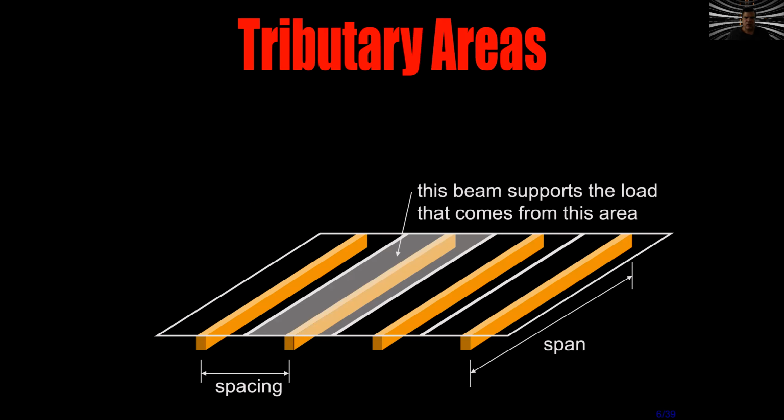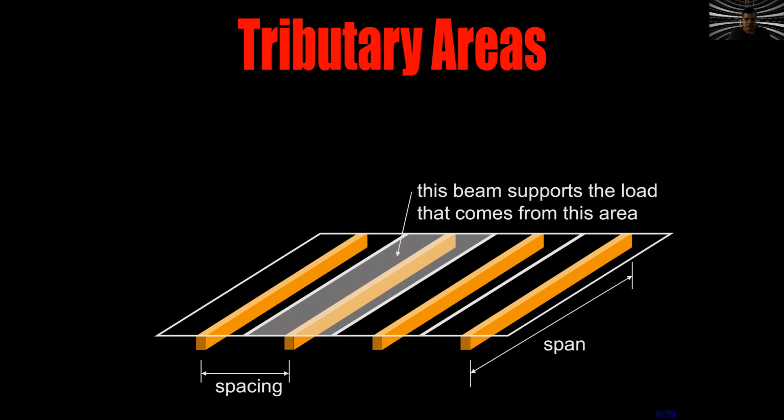What are the loads that a beam is supporting? That is related with something called tributary areas. A tributary area is the area that a beam is supporting. For example, if we have a floor that we look here like a transparent color, and the floor system is supported by 4 different beams, those beams in yellow color will have a span, and they are separated between them with a spacing.